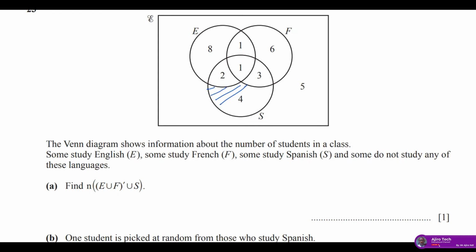So let's go again. E union F is this region here. Let me highlight. This region here is E union F. Okay?